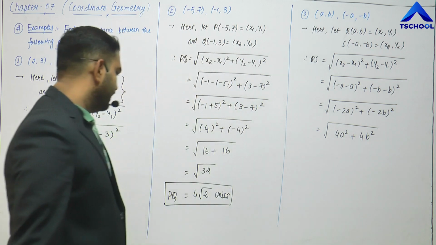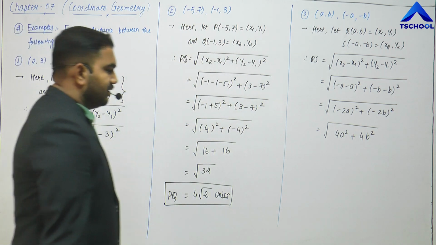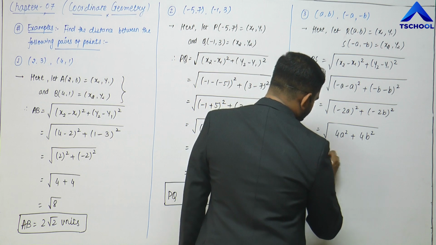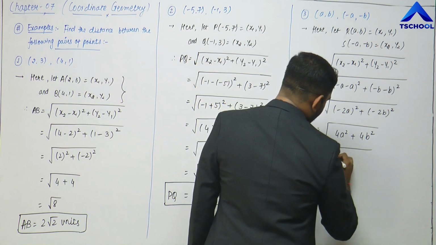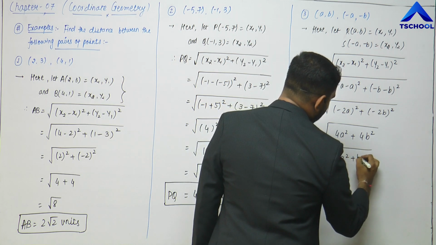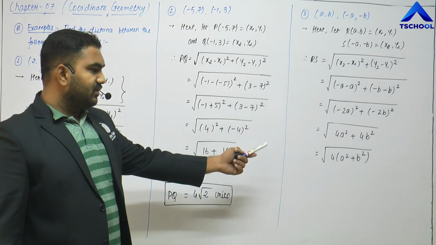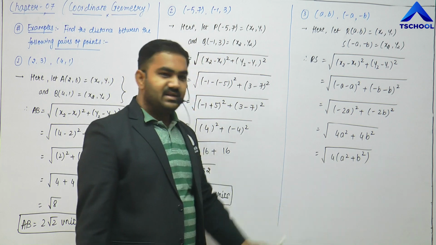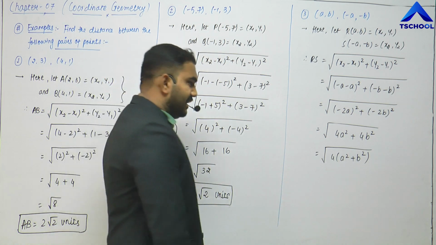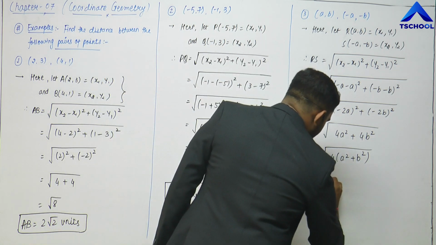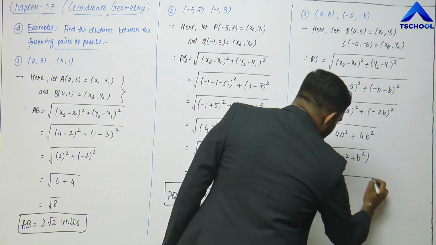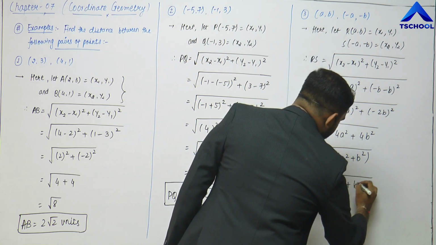Yes or no? Now what can I take common here? 4. So that is square root of 4 into a square plus b square. The 4 that is inside the square root, we shall take out as 2, and square root of a square plus b square.